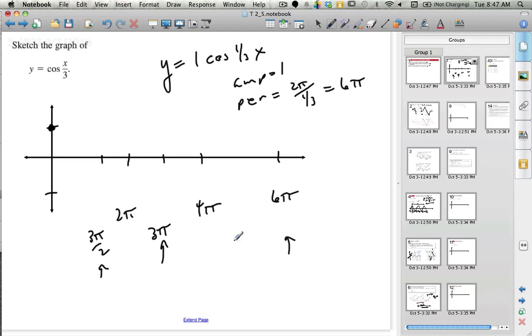And then halfway between 3 pi and 6 pi is going to be 4.5 pi, which is 9 pi over 2, and that's going to be another point. So for cosine, I'm going to start at the upper, go to the intercept, then down to the minimum, then back to the intercept, and I'm going to finish at the maximum.